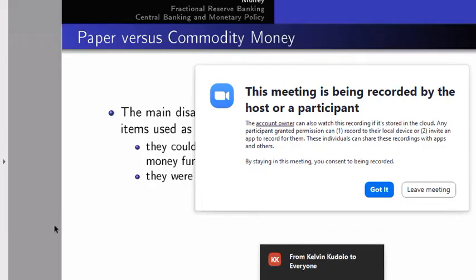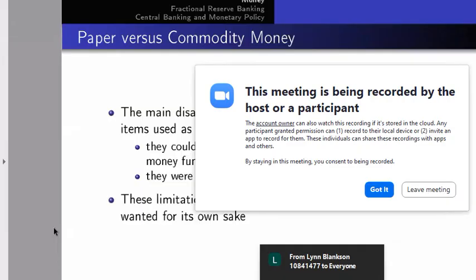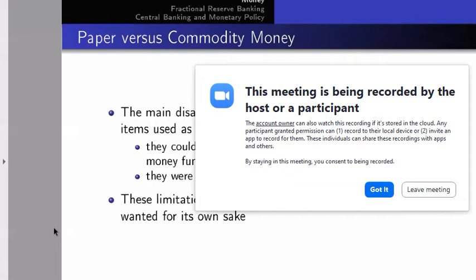And they were limited in supply too. Don't forget, if something is scarce, something is associated with it. So these limitations led to commodity money having problems, until more recently when paper money and coin were introduced, which is not wanted for its own sake.